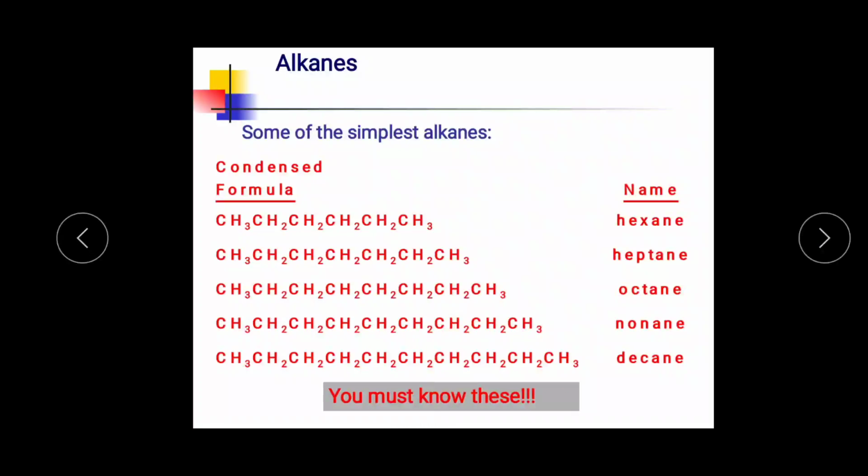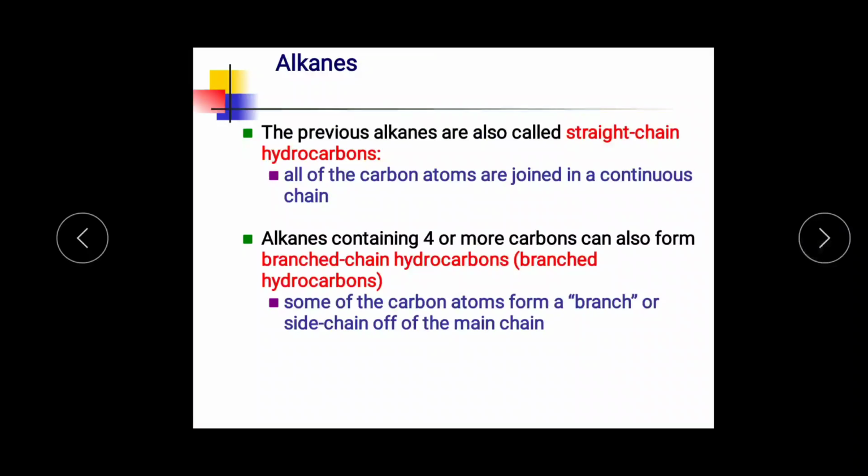When there are 6 carbons, it is called hexane. 7 carbons, heptane. 8 carbons, that is octane. 9 carbons, that is nonane, and when there are 10 carbons, that is decane.